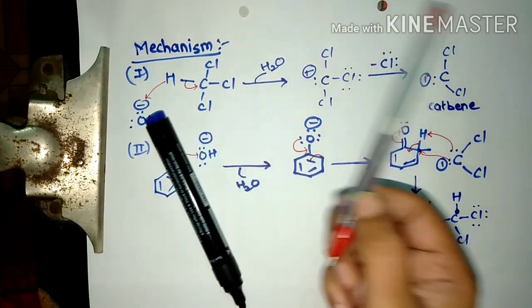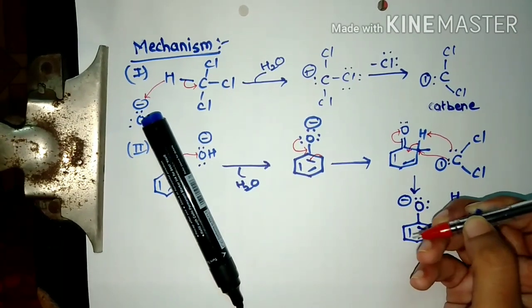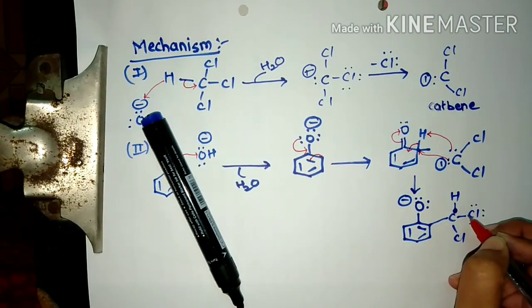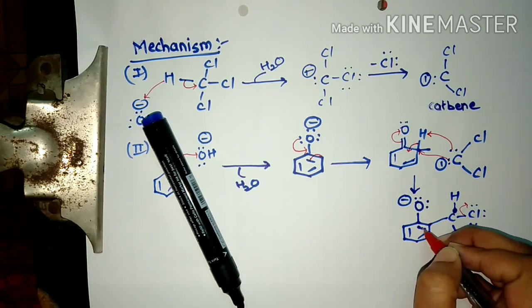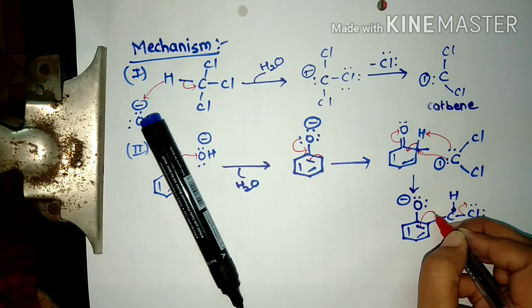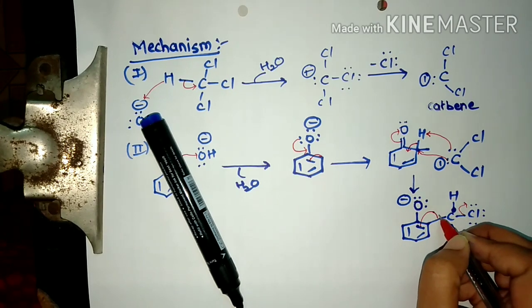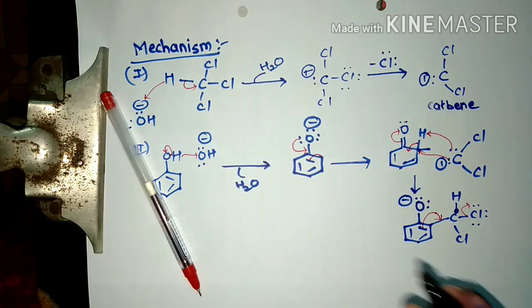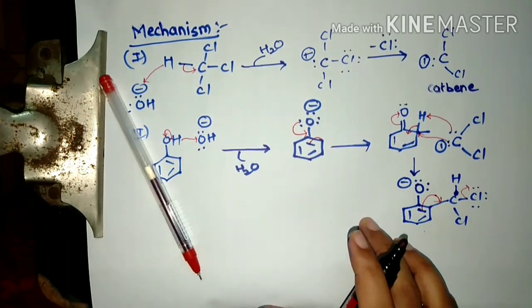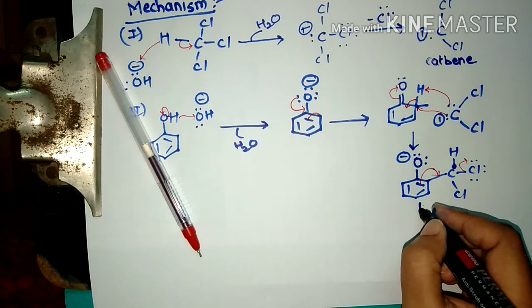Now the chlorine which is there over here is removed. Now this carbocation which is formed is stabilized by taking electron from benzene ring, and then there will be formation of this product.